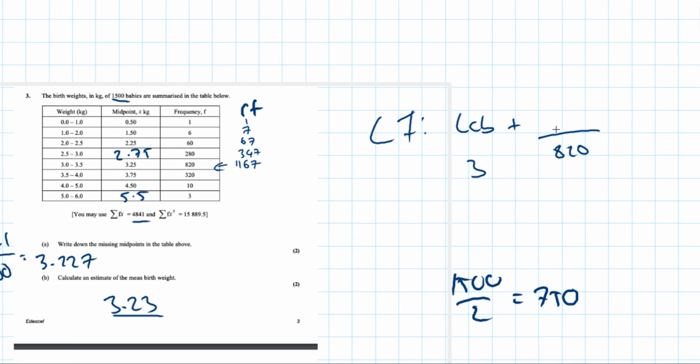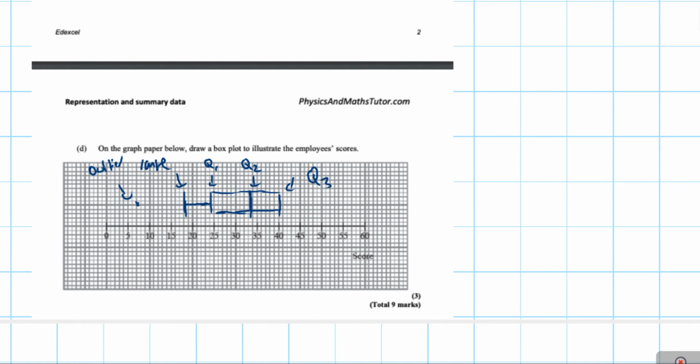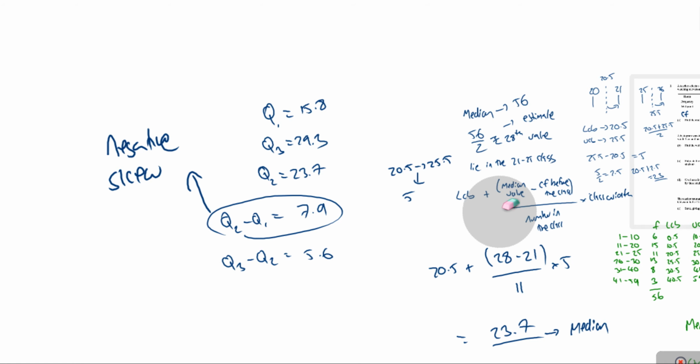Oh, no, my apologies. Sorry, it's not that one. We're going to use the formula that we used before, which is the median value minus the cumulative frequency before the class.